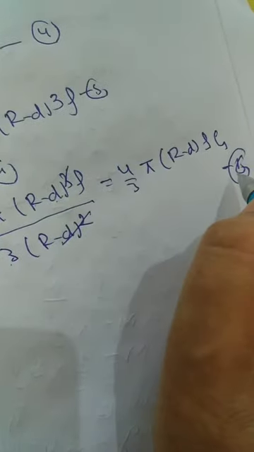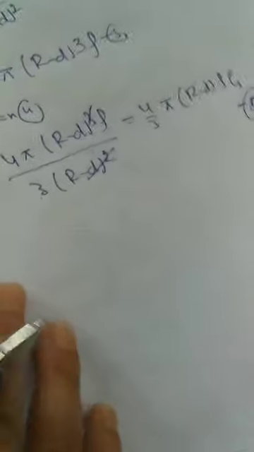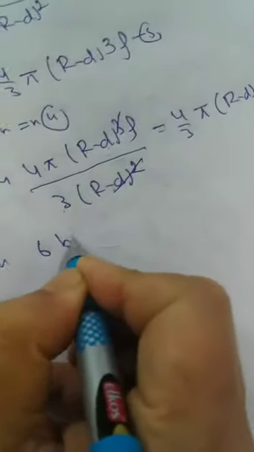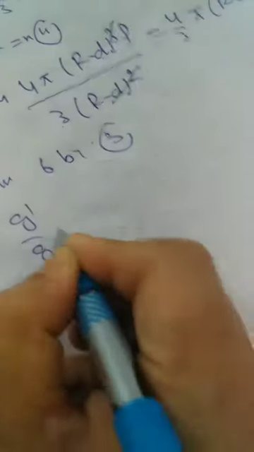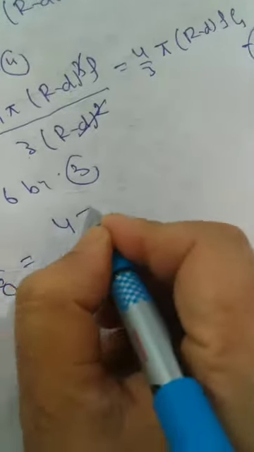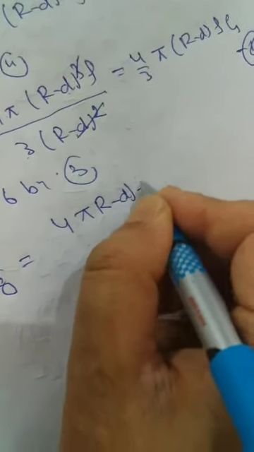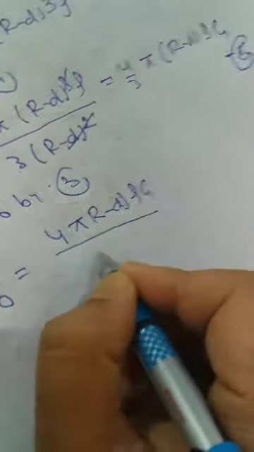Dividing equation 6 by equation 3, that means g dash divided by g. Equation 6 is 4 pi (R minus d) rho G divided by 3.